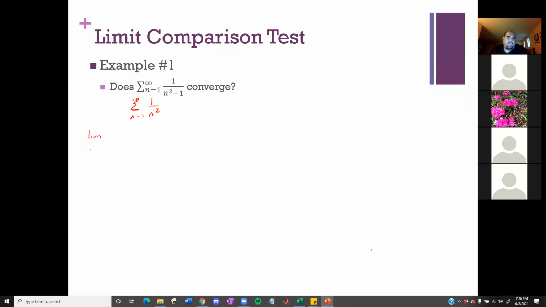So what I would like to do is find this limit: 1 over n squared minus 1, over 1 over n squared. Then I get the limit as n approaches infinity of n squared over n squared minus 1. And what is this limit?